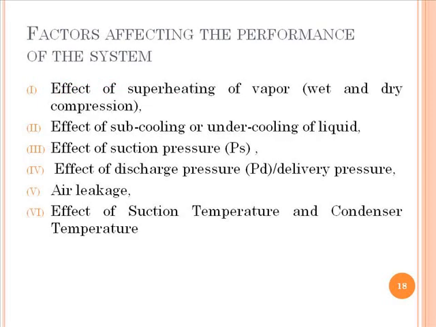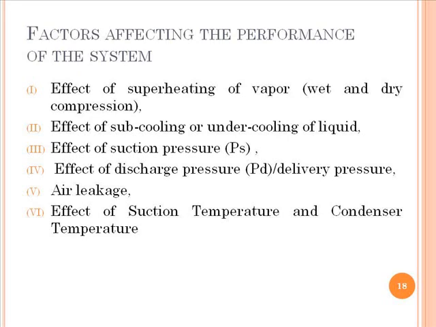Now we will discuss the factors affecting the performance of the VCR system. First is the effect of superheating, effect of subcooling or undercooling, effect of suction pressure, effect of discharge or delivery pressure, air leakage, as well as the effect of suction temperature and condenser temperature.